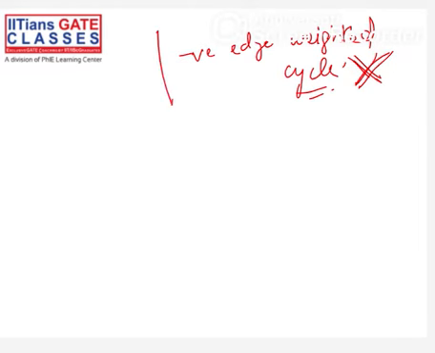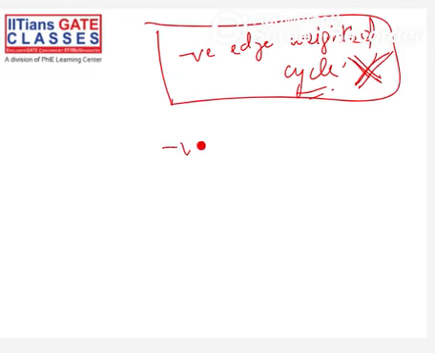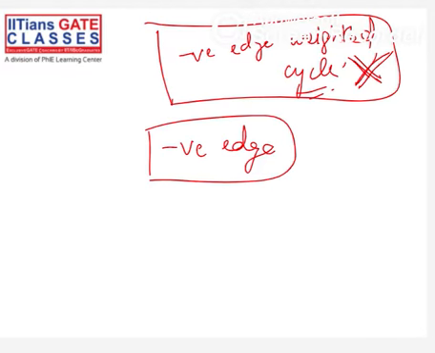But I also told you that if a negative edge, an edge with negative weight, is there, then Dijkstra's algorithm will work. The thing here needs a little modification. The standard Dijkstra's algorithm will not work.